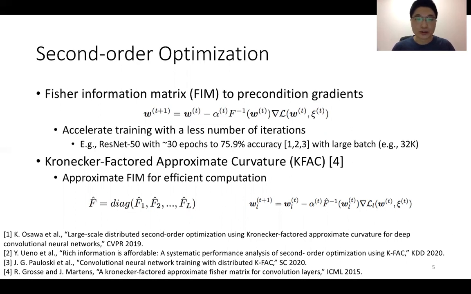For example, for the ResNet-50 model, you just need to train 30 epochs even with a very large mini-batch size. Among these second-order methods, the Kronecker-factored approximate curvature method is one of the efficient approximations of the Fisher information matrix.